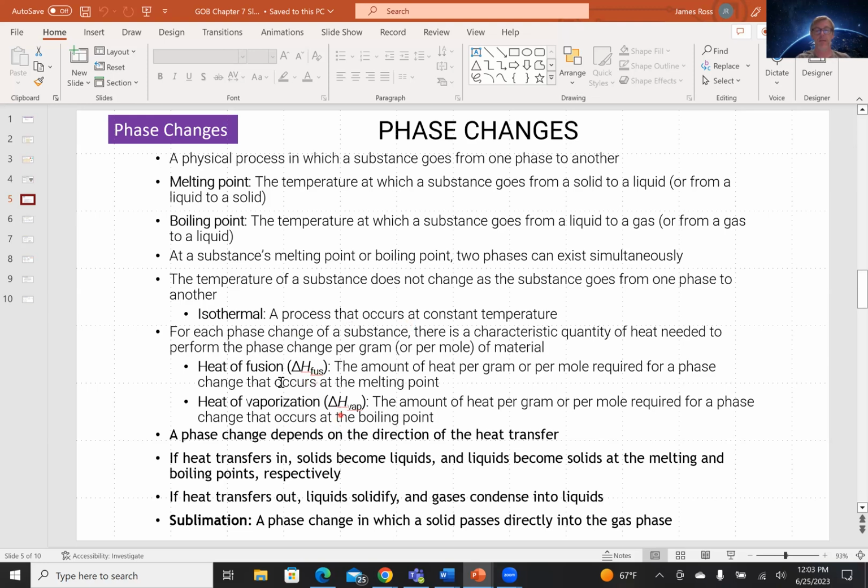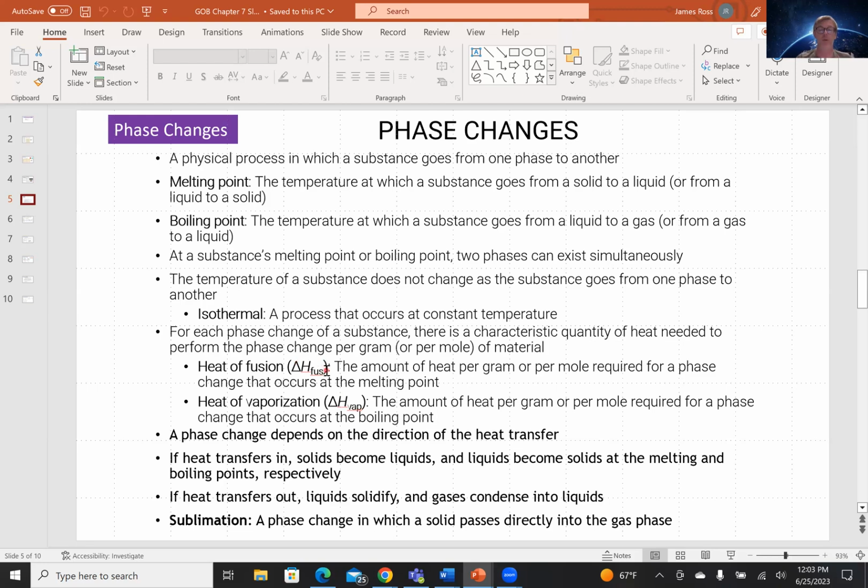Some other important labels here: enthalpy of fusion, or the heat of fusion, and enthalpy of vaporization, or the heat of vaporization. These two items are the heat needed to cause melting in the case of fusion. Fusion is the academic word for melt, and vaporization is the academic word for boil, or to change from the liquid to the gaseous phase to form a vapor.